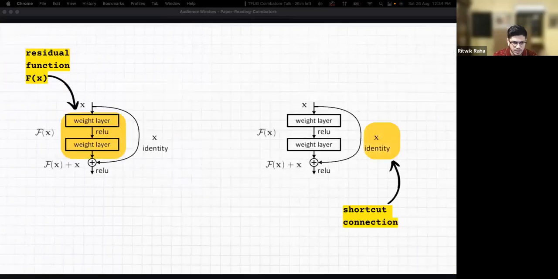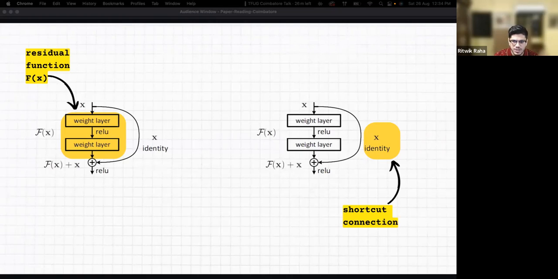The first is the residual function, F(x), a stack of layers which learns the residual between the input x and the desired output. The second is the shortcut connection, which adds the input x to the output of the residual function.